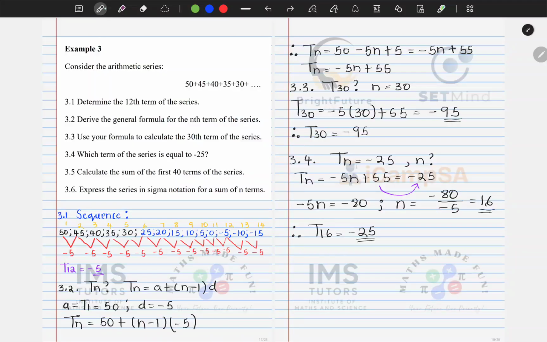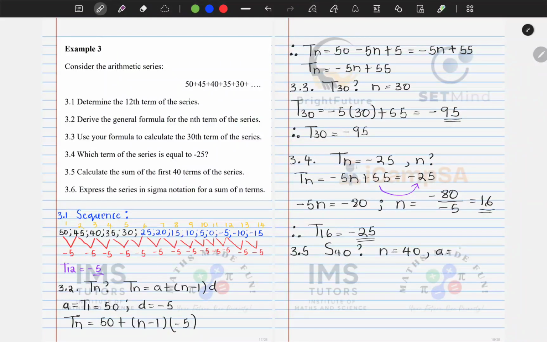I'm glad you understand, and I hope it does make sense. Let's have a look at 3.5. We are asked to calculate the sum of the first 40 terms. So essentially we're looking for S40. What we need to know is that n will be 40 in this instance.